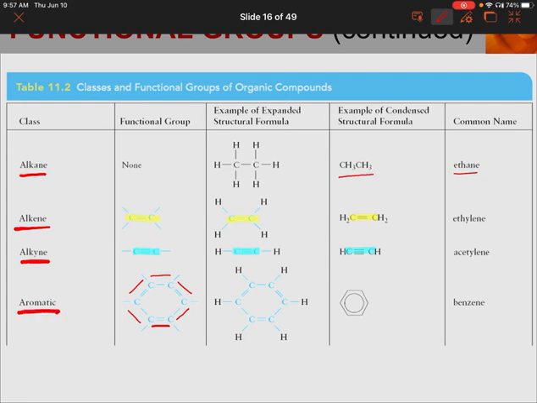And the best example of this is a compound called benzene. We'll talk more about this later, but benzene is a six-membered ring, and each corner of the ring is a carbon, and there are alternating single and double bonds around the ring. Okay, so that covers hydrocarbons, but what if we have oxygens or nitrogens in our molecule?